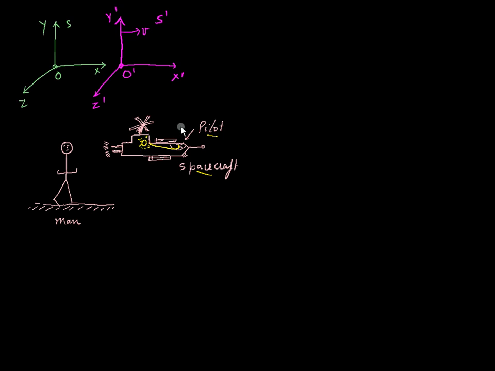That is basically the event which we denote with the symbol P. So P is nothing except the information of place and time.